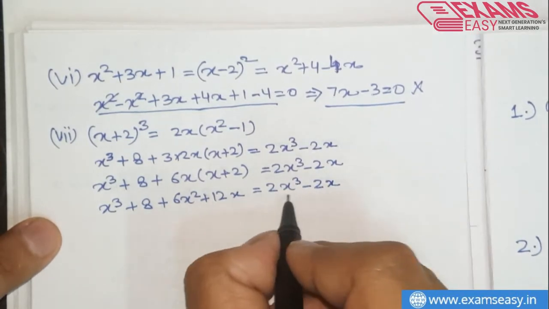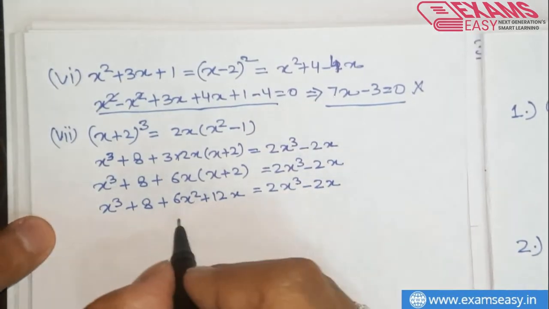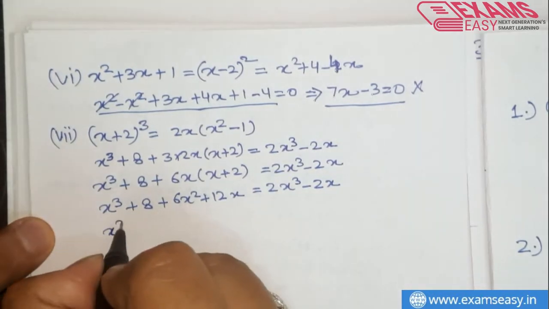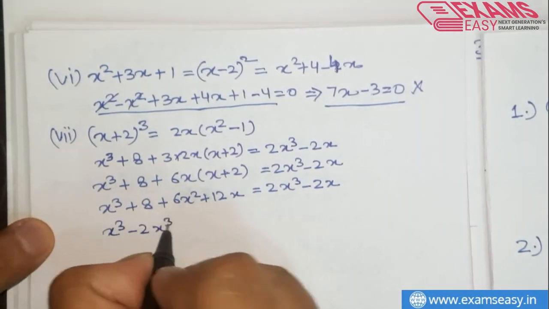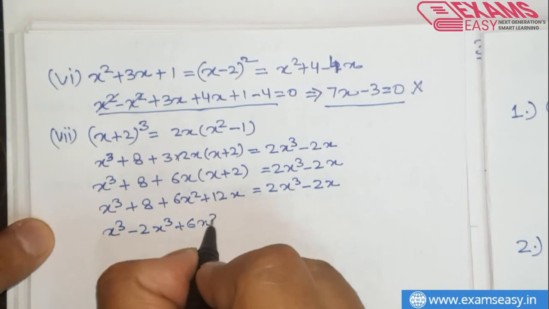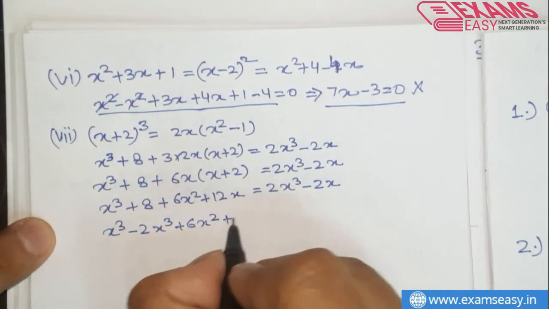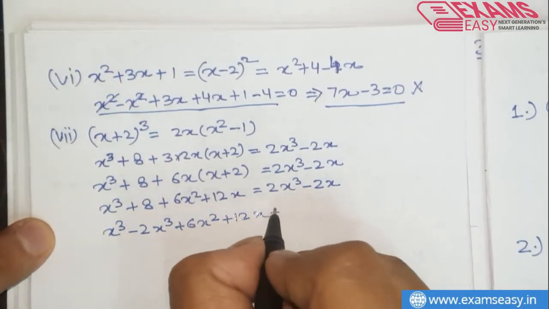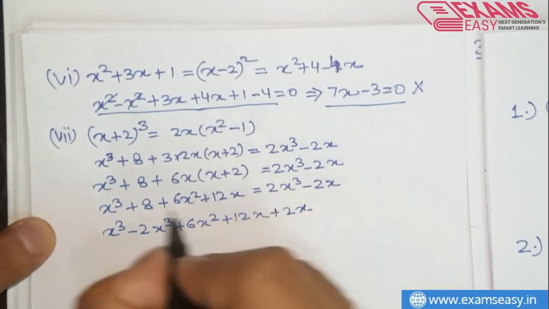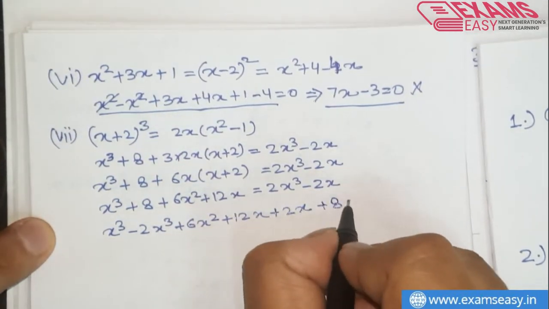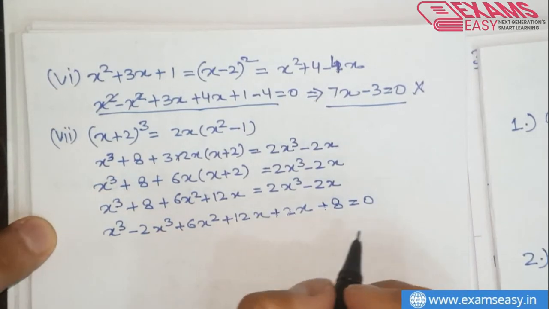So bring this right hand side terms to the left hand side, we get x cube minus 2x cube plus 6x square, then we have 12x, then we have plus 2x, then we have plus 8. We are writing in decreasing power of x.